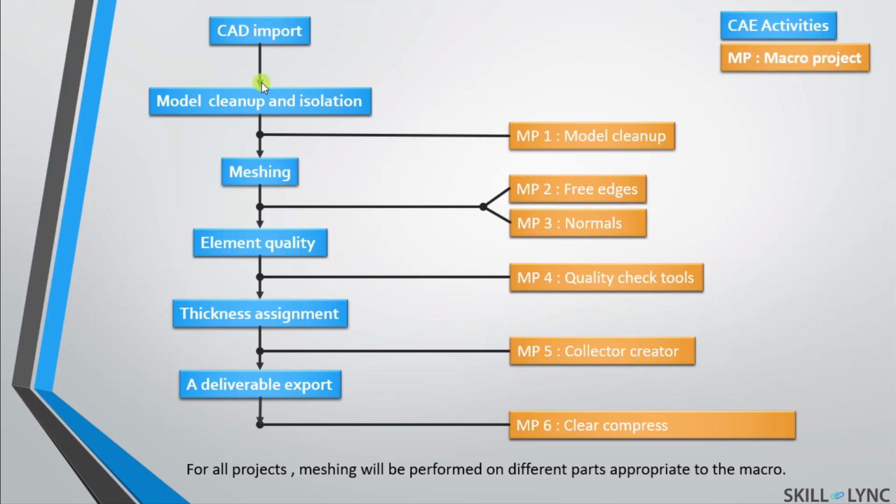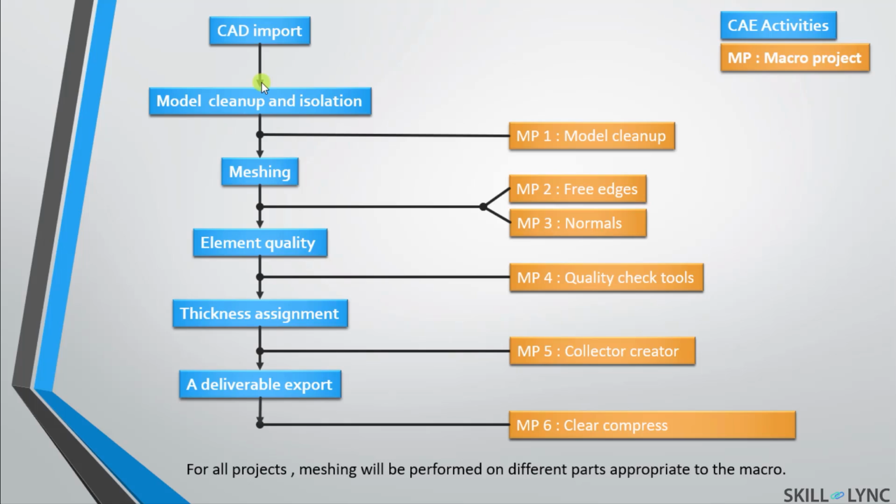Upon CAD import, it is not necessary that only the important parts from a meshing or CAE perspective are imported. There will be other parts as well which are not really that important, and you will have to take care of those parts because they will unnecessarily increase the size of your Hypermesh project or your Hypermesh file.